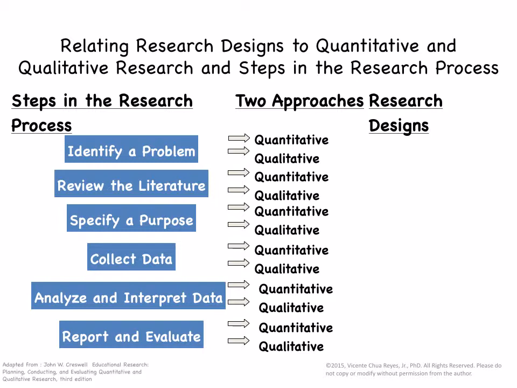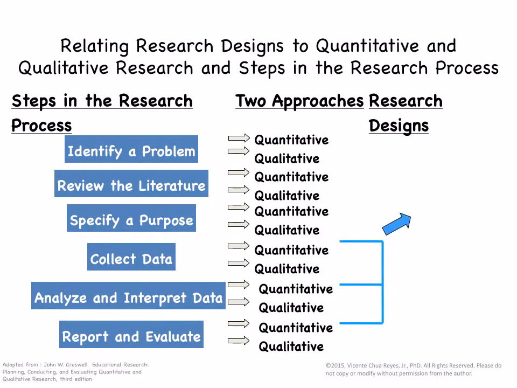The second column describes the two approaches, and the third column represents research designs. As can be seen in the graphic, the research designs actually emerge when there is already a discussion of data collection, analysis and interpretation of data, and reporting and evaluation.